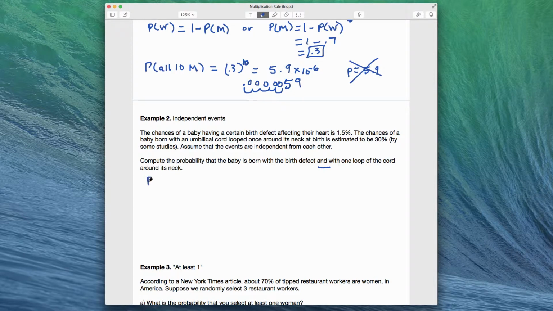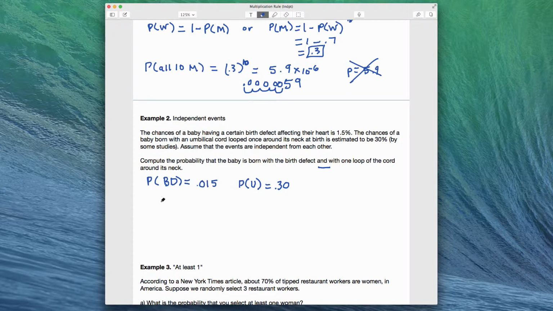We want both qualities to be present in the baby. So if I write out some notation, probability of the birth defect, I'll call that BD, and that's 1.5% or 0.015. There's the other event, which was the nuchal cord or the umbilical cord around its neck. We'll call that U. P of U is equal to 0.3 or 0.30.